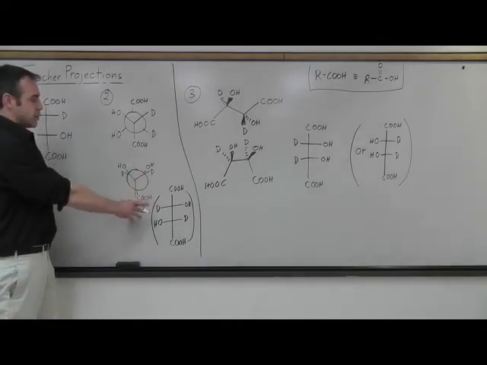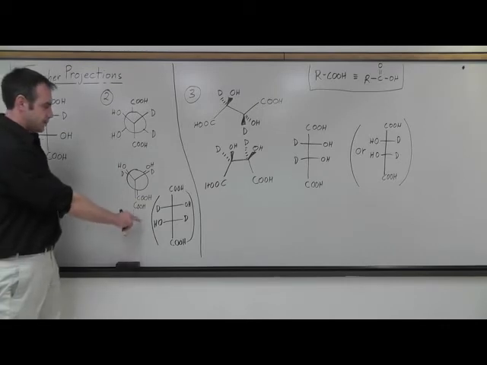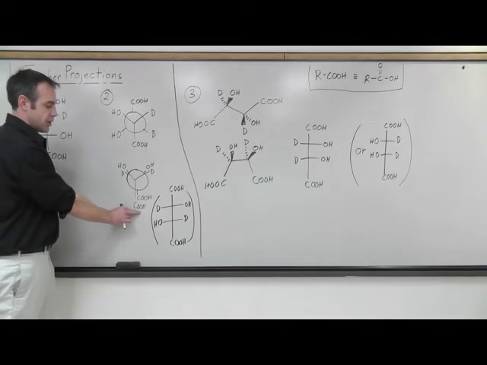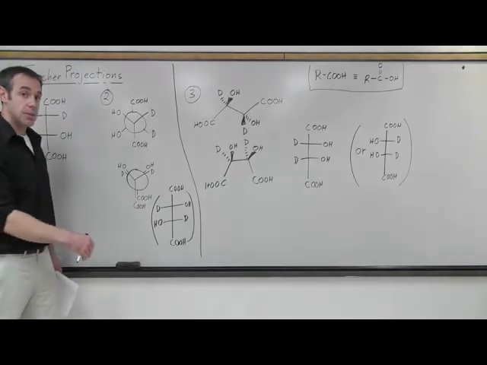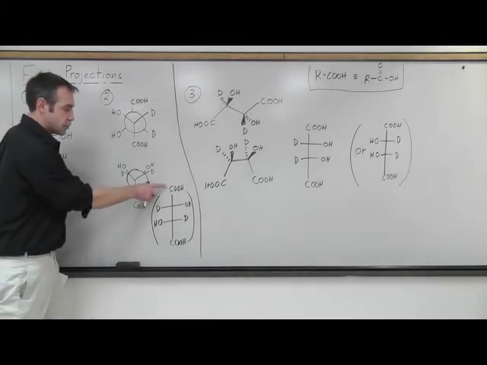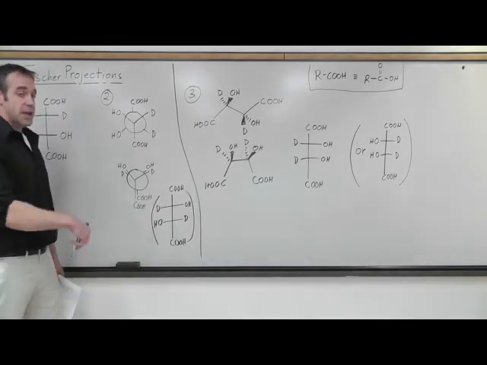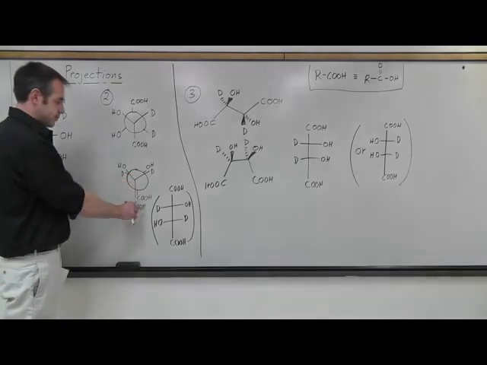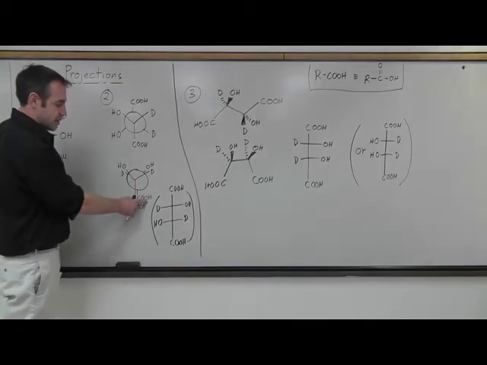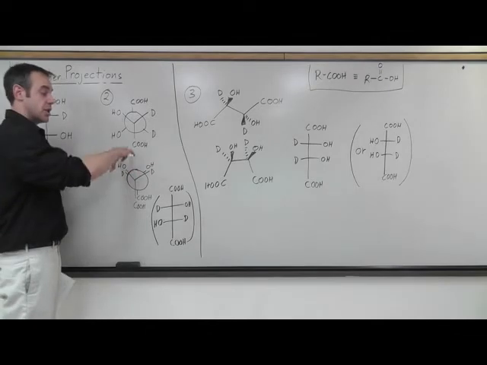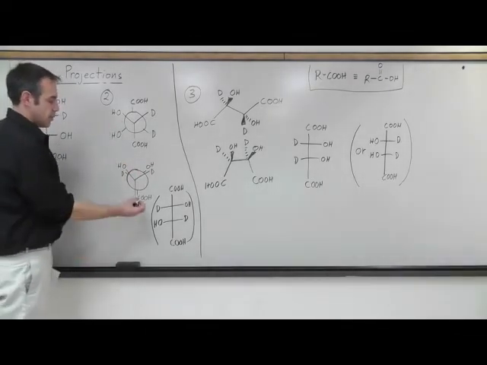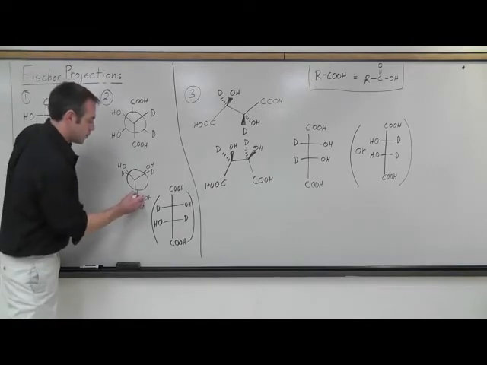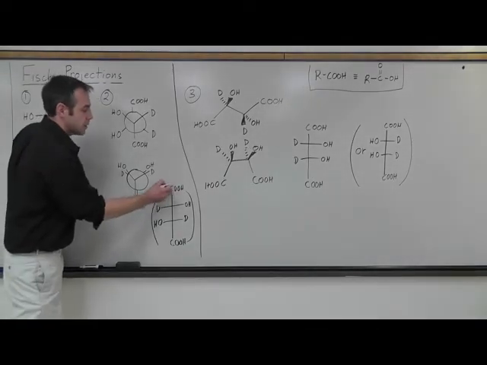Once you've spun those wheels, you realize that regardless of which one would be the front or the back carbon in your view, in other words, which one would be the top or the bottom, it will give you the same answer. And you'll notice that if, for example, we were to take this Newman projection and rotate it up, this back carboxylic acid group would actually be the top one.